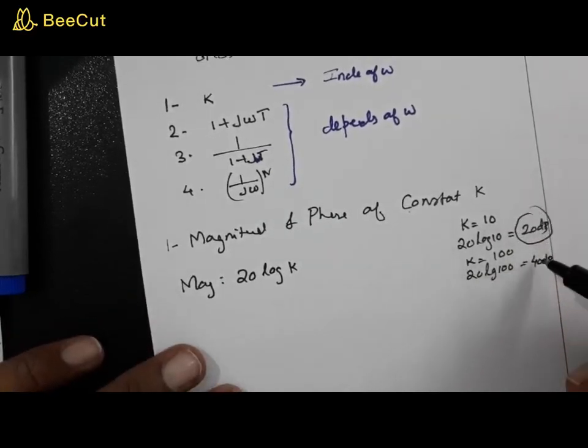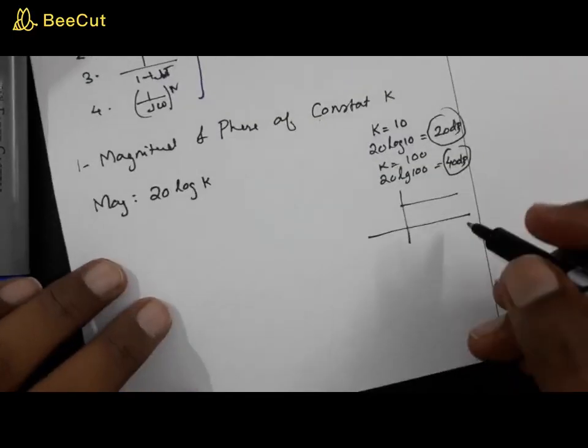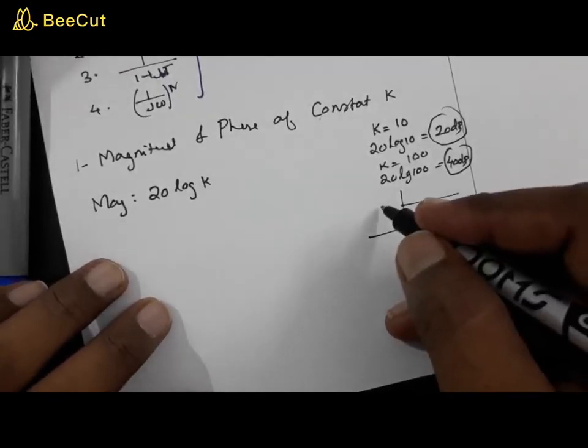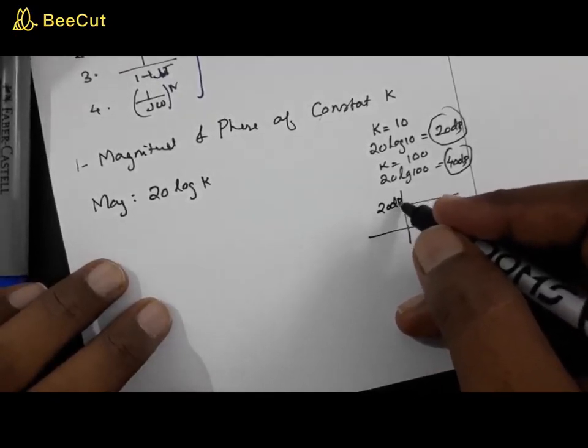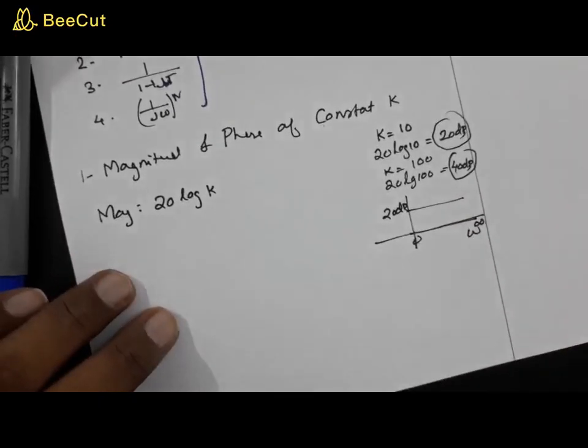Now look at this. You have got a constant answer, 20 and 40 dB. When you plot this magnitude with respect to frequency, you will get a straight line, because it is throughout 20 dB over the whole range of frequencies, from 0 to infinity radians per second.